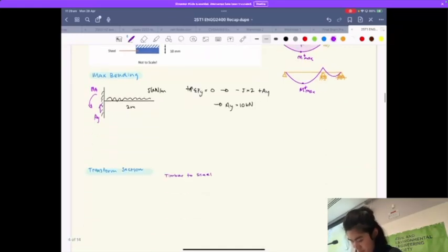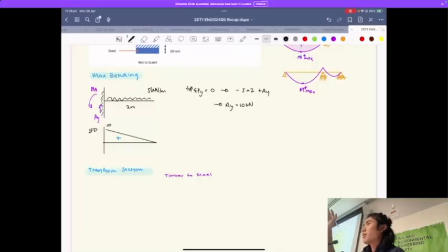And also, the way to do this is when you draw your shear force diagram, it'll look something like this, where this is 10, this is a plus. And your bending moment up until the point you're looking at is going to be the area of the shear force diagram. So this is 2 meters.